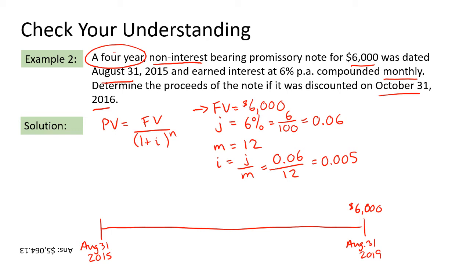They're paying it back October 31st, 2016, so somewhere back here. So you actually have to figure out what this timeline is from the future value point, which is the value we know, backwards to this October 31st, 2016 date.